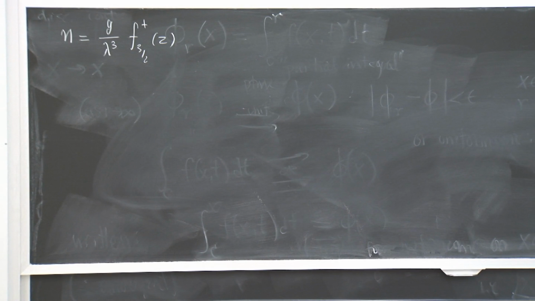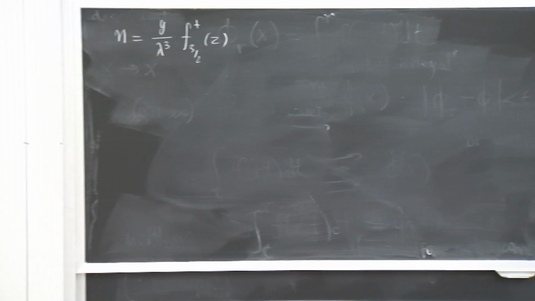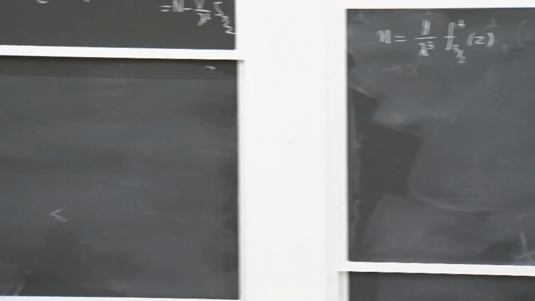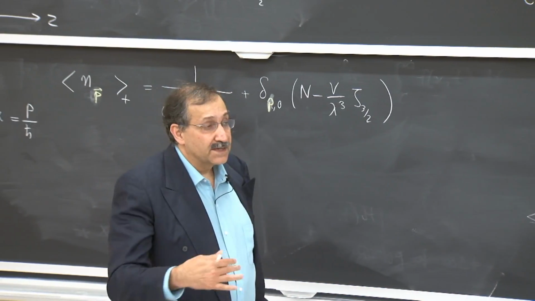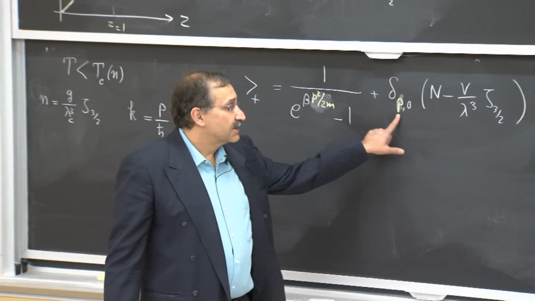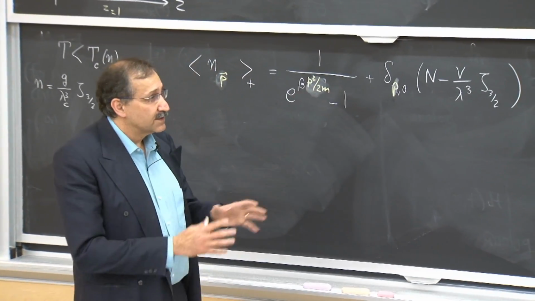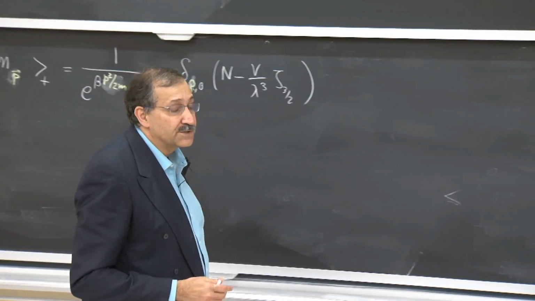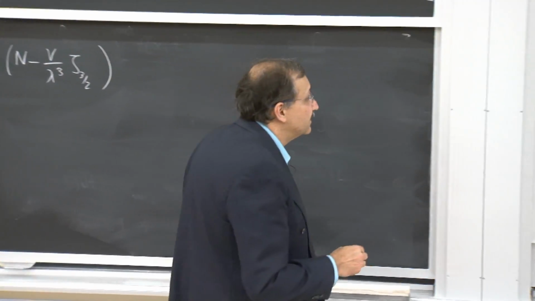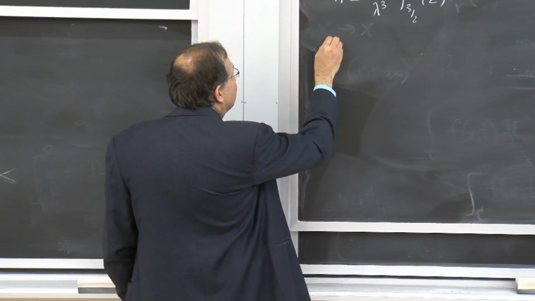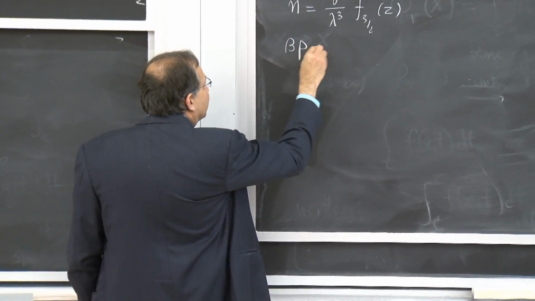Okay? And we said that if z goes to 1, then I have to interpret that appropriately, that this is really just the excited states, and there's going to be a separation into the ground state and the excited state. So there are really 2 portions of n when you are below Tc. Okay? But then there is also a formula for pressure.